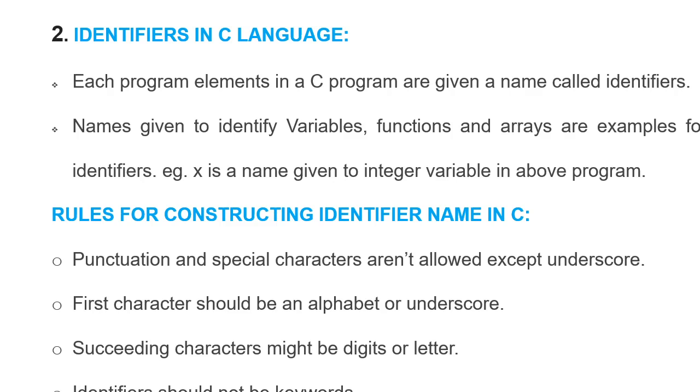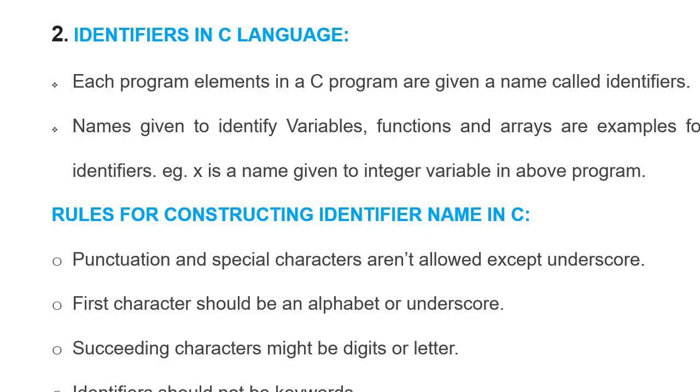Then, rules for constructing the identifier name. What are the rules? Punctuation and symbols are not allowed in C programming except underscore. So you cannot use punctuation, special symbols, or special characters except underscore. Next, the first character should be an alphabet or underscore.